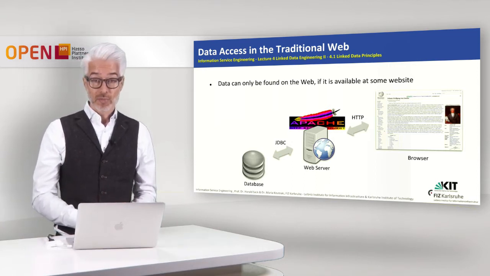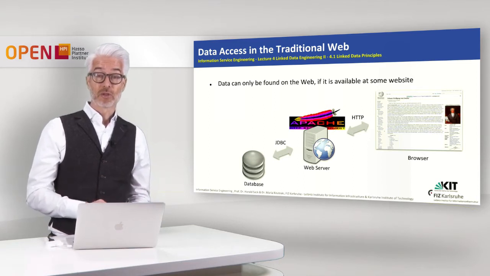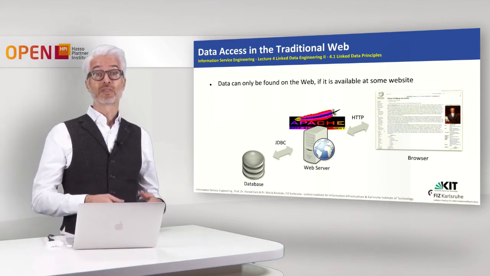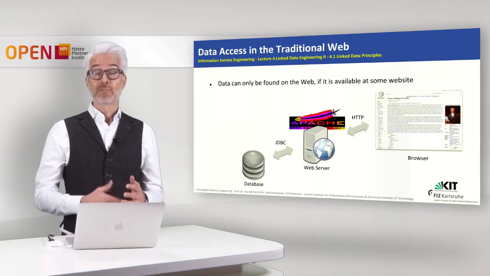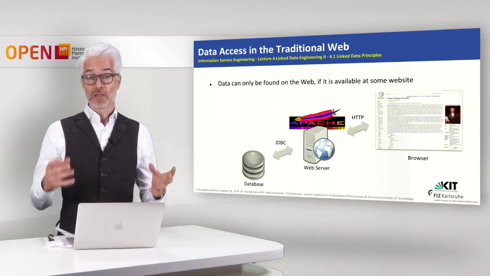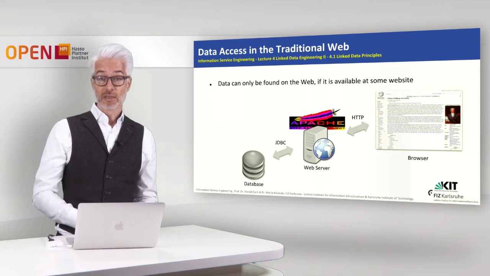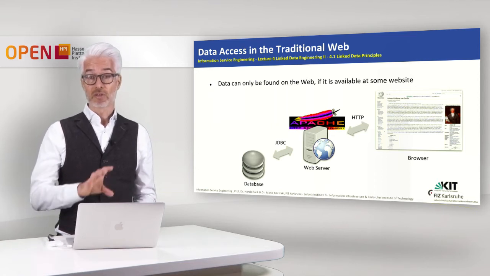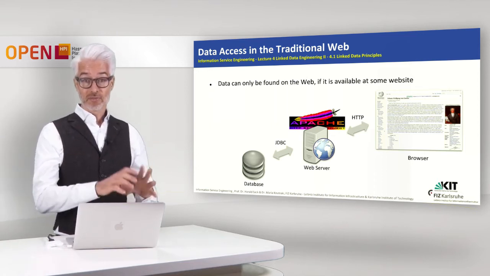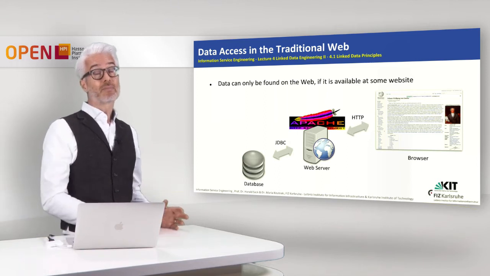In the traditional web, if you access a website, then often, of course, this website is produced from a web server. And sometimes, of course, if it's a huge web platform, like for example Wikipedia or any other platform where you have a content management system somewhere in the background, there is a database.